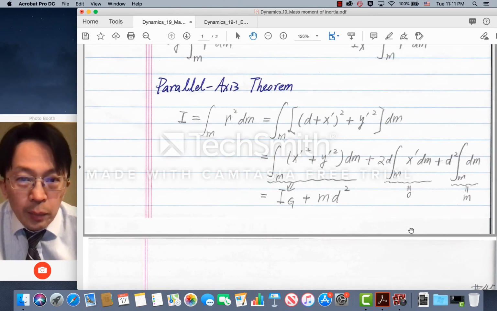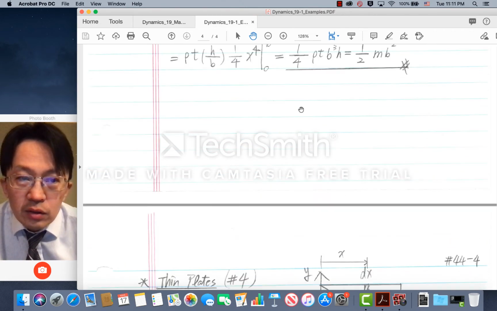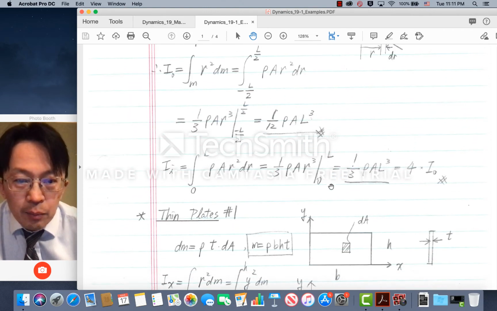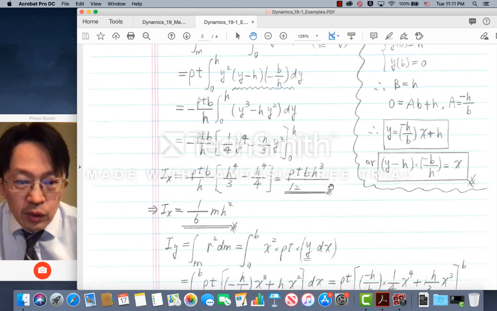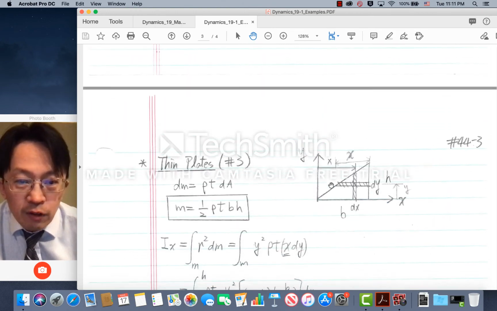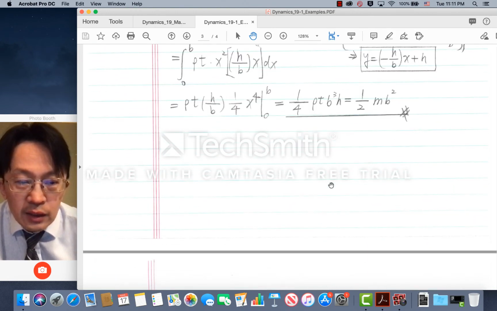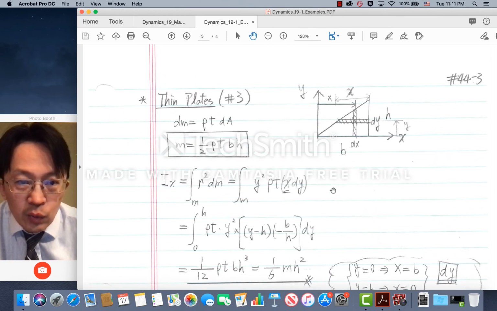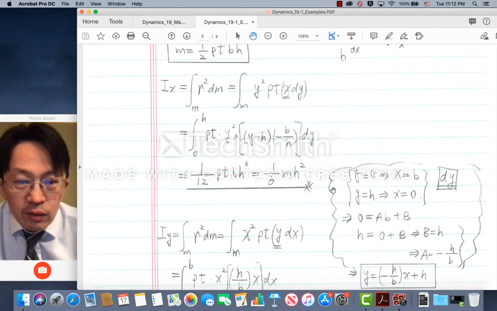We also talk about the parallel axis theorem, and then we start solving these 5 different examples. I encourage you to study these examples, follow the math carefully, understand where do we make the conversion, how do we determine the linear equation, and how do we carry out these integrals.